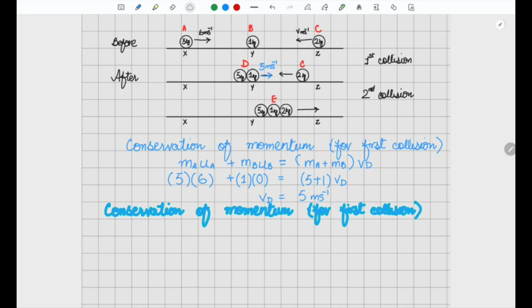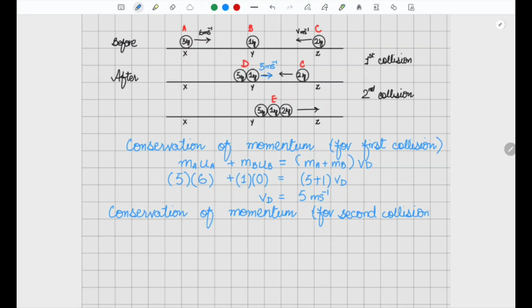So it will become... for the second collision it will be m.